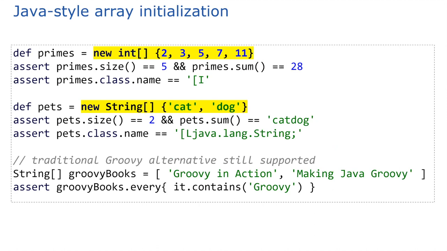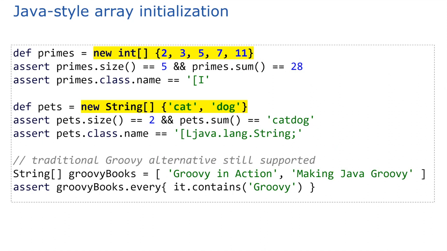We have ruled out particular Java style array initialization options, basically because the curly braces is what delimits closures in Groovy. And so how do I know that I'm not trying to have a closure at that point in the code? The old parser made it difficult to do enough smart looking around at the code to make that determination.